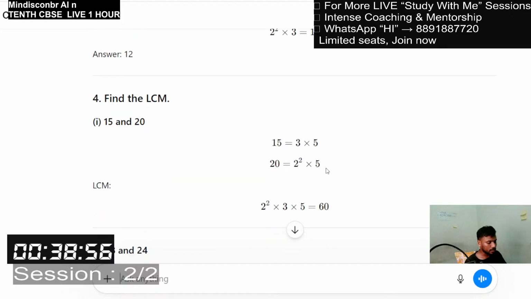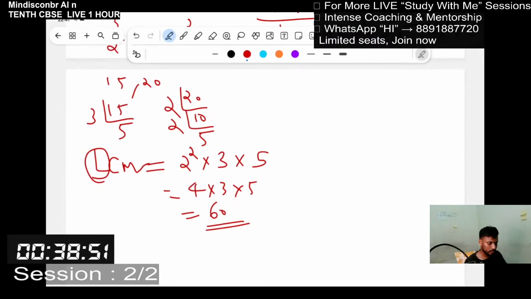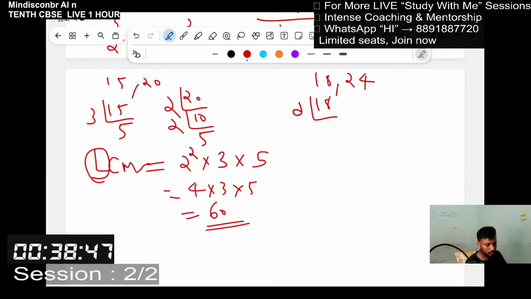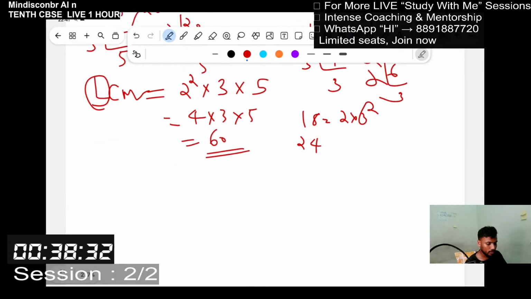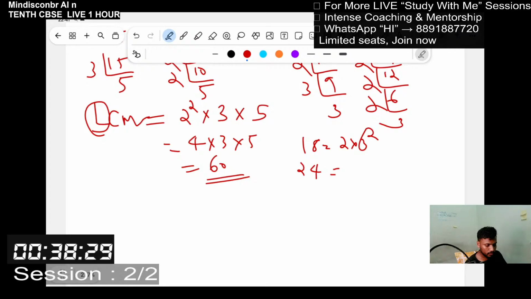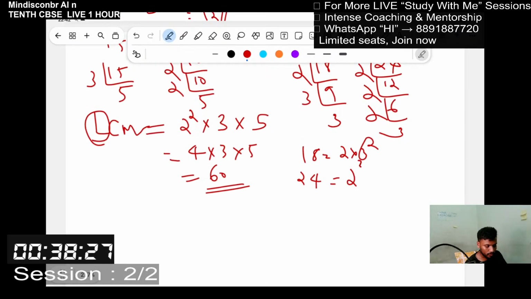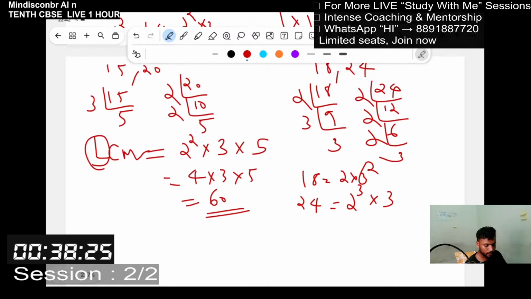Yes. Next is 18 and 24. 18 is 2 into 9, 3 into 3. 24 is 2 into 12, 2 into 6, 2 into 3. So 18 is equal to 2 into 3 square, and 24 is equal to 2 cube into 3.